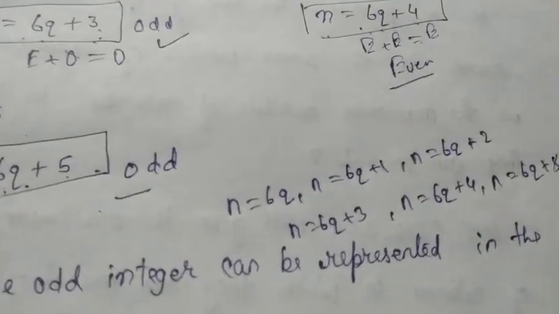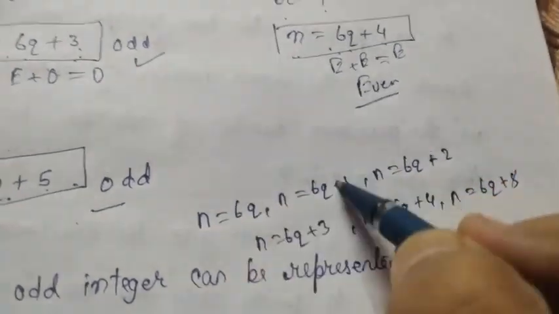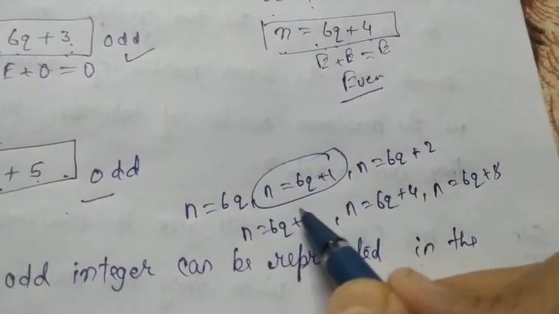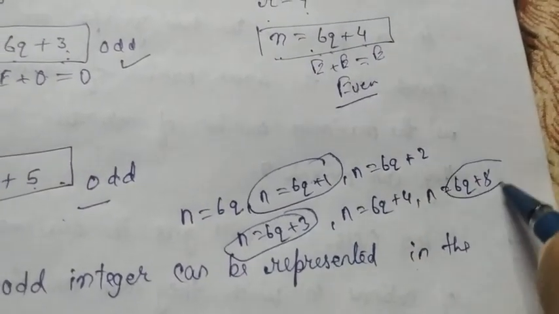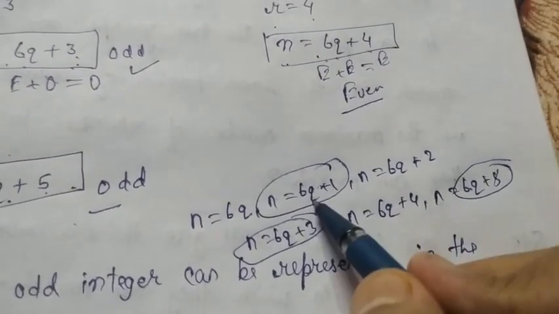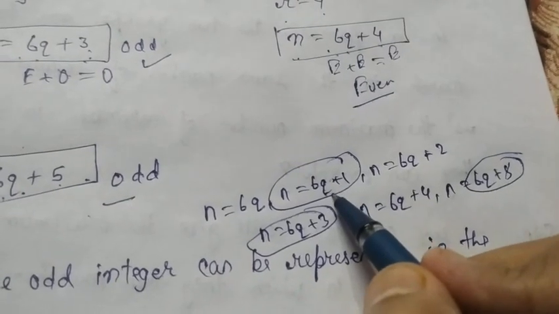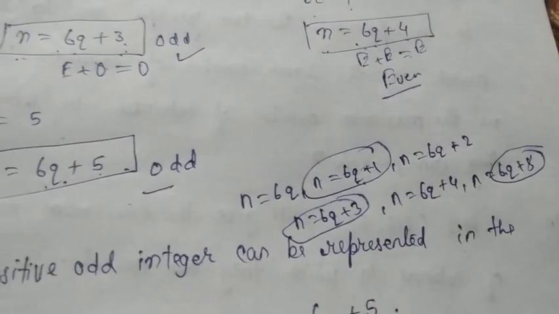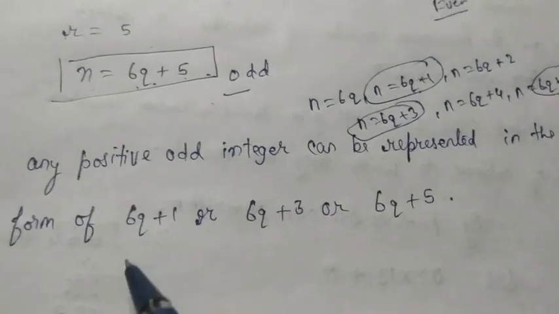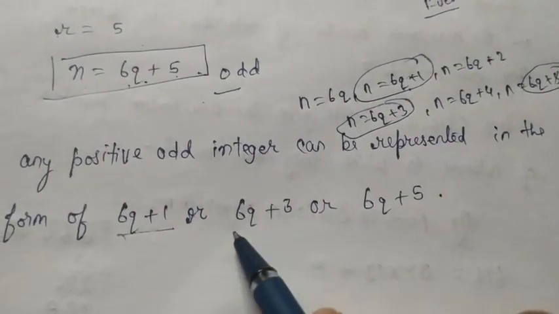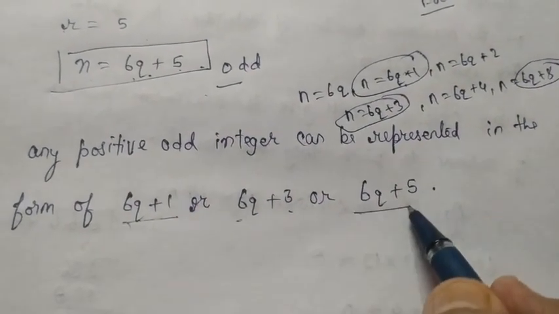Out of these values, only these three are odd. So any odd number can be represented like 6q plus 1, 6q plus 3, 6q plus 5.